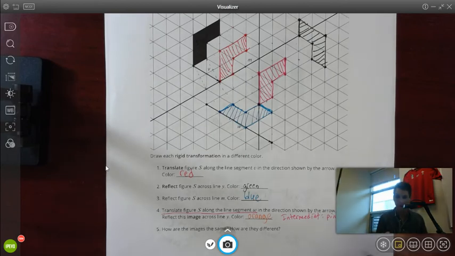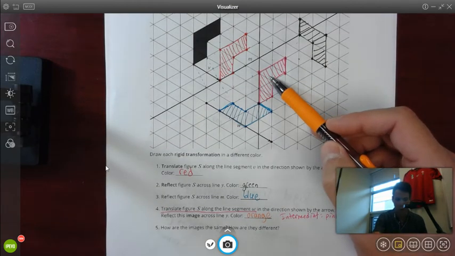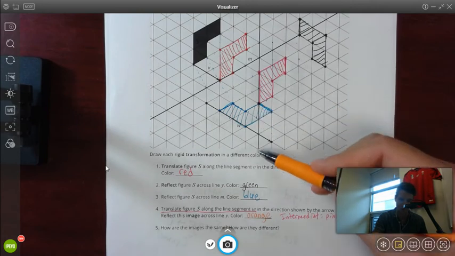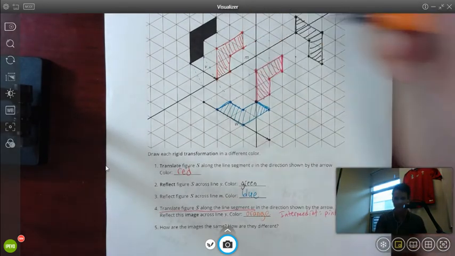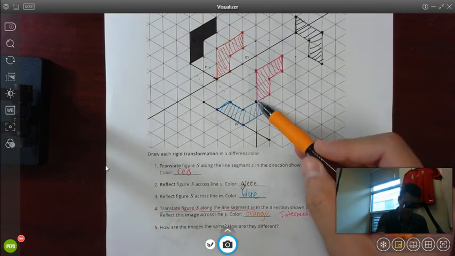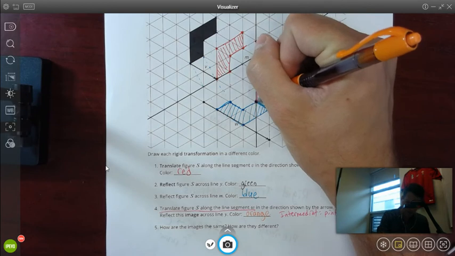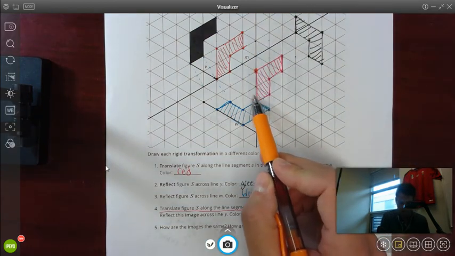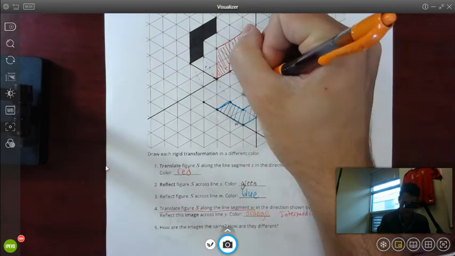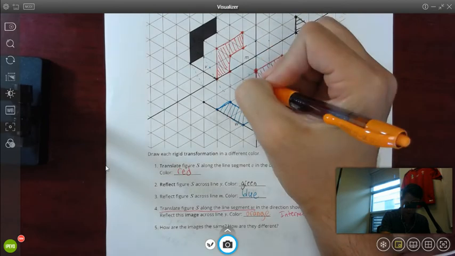So now with our last part, we're going to do this in orange. We're going to reflect our shape in pink over the y-axis of this graph here. And we're going to make it easier on ourselves. You can see that some of these points are right on the y-axis, so I'm going to put those in orange. And then I can just reflect the point from here, 1, and then one more right across the y-axis. This shape is 1, and then 1 across the y-axis.